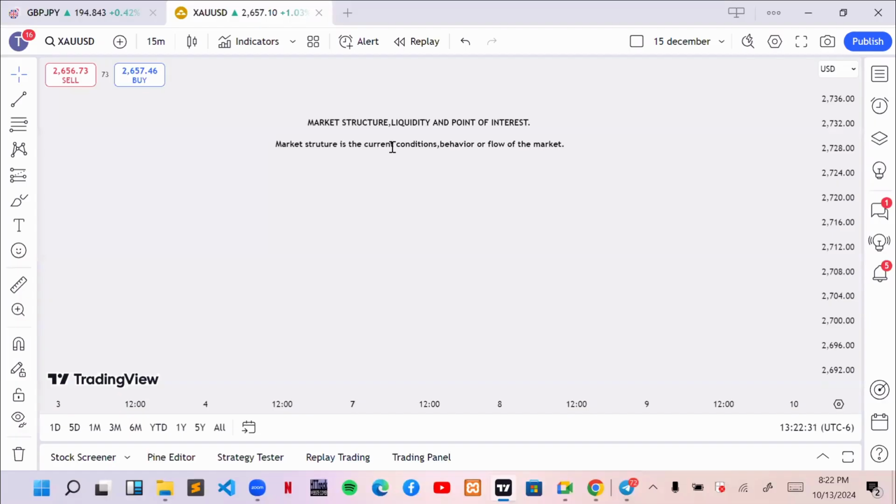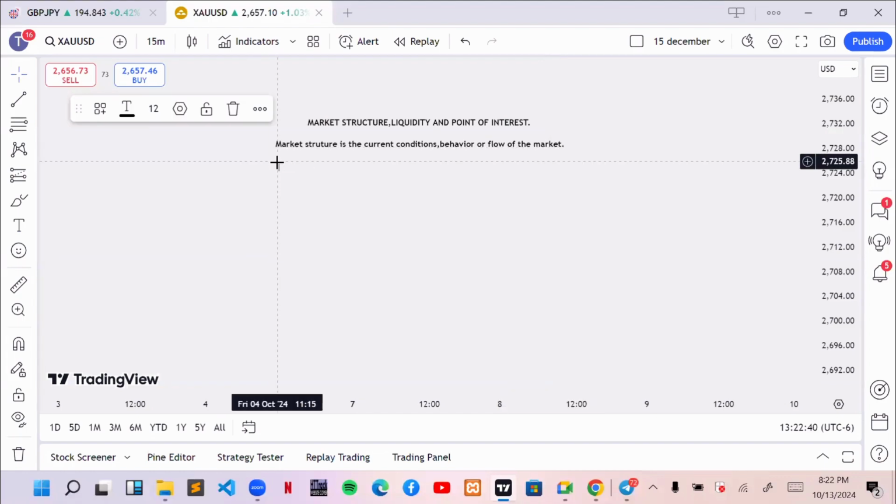And then the ranging market is just a consolidation. So there are two types of market movements, the trending market and the ranging market.